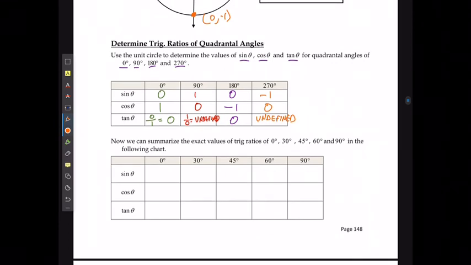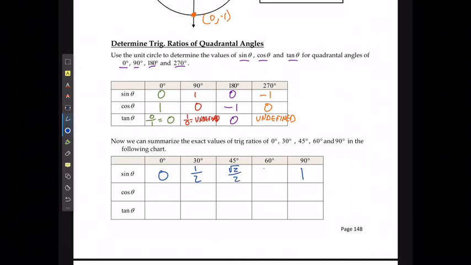So, using what we've done in the last two pages, we can say that for the sine ratios, at 0, it's going to be 0. At 90, it's going to go up to 1. And then if I take a look at example 2, I can say that at 30, it's going to be 1 over 2. At 45, it's going to be root 2 over 2.